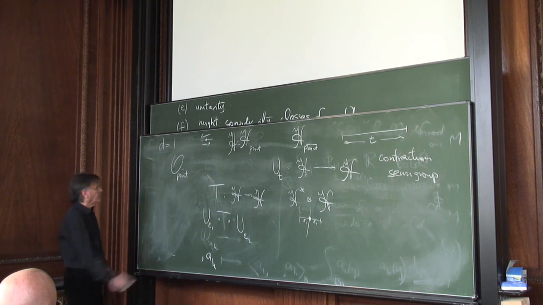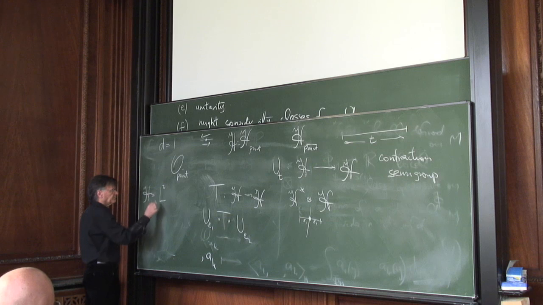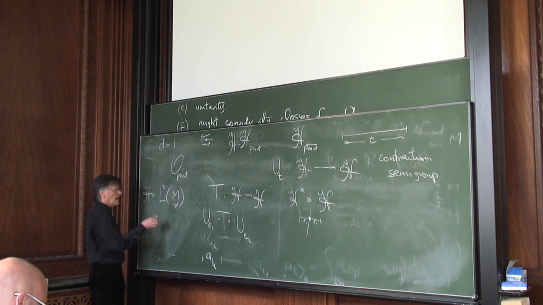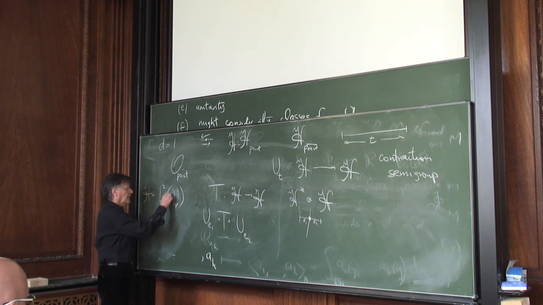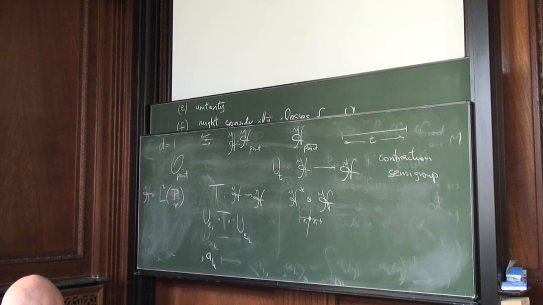So the example to have in mind is when we take H to be the L2 functions on some compact manifold P. This is some auxiliary manifold, nothing to do with the space-time. The space-time is one-dimensional in this.